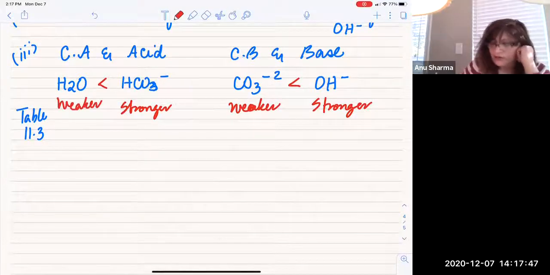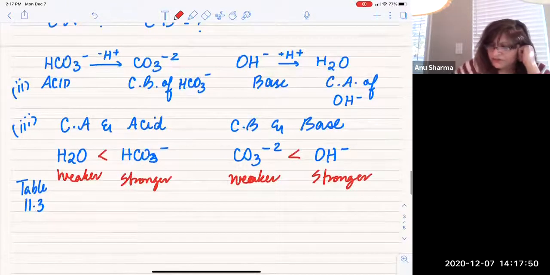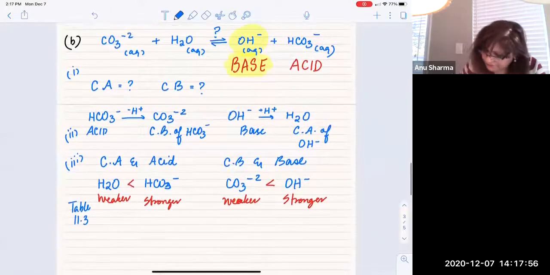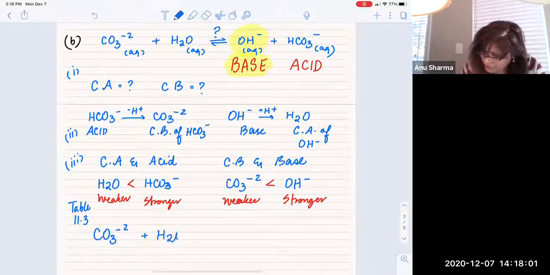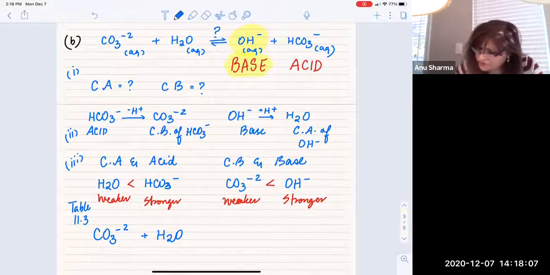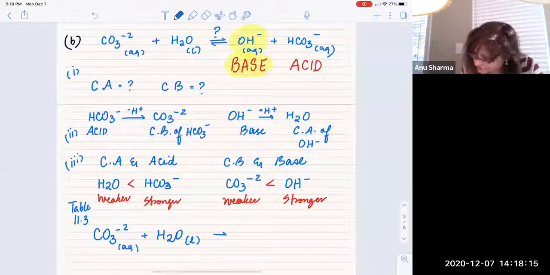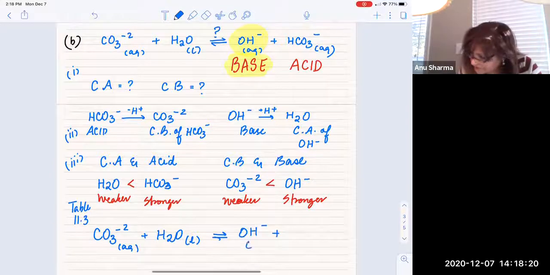All right, so now we can just write down the equation again. Carbonate, CO3 2 negative, aqueous, plus H2O, liquid, gives you OH negative ions, aqueous, and HCO3 negative, aqueous.